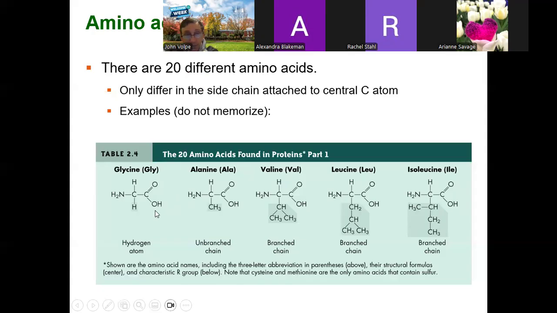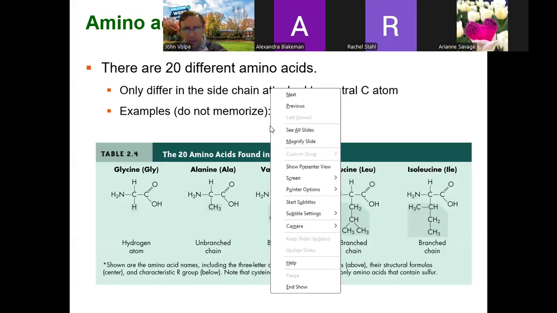Glycine, which is the simplest amino acid, simply has a hydrogen atom taking the R group position. Alanine has a CH3 group. Valine, a three-branch group of carbon and hydrogen. All of these R groups here are nonpolar R groups. But remember, every amino acid is actually both polar and nonpolar.